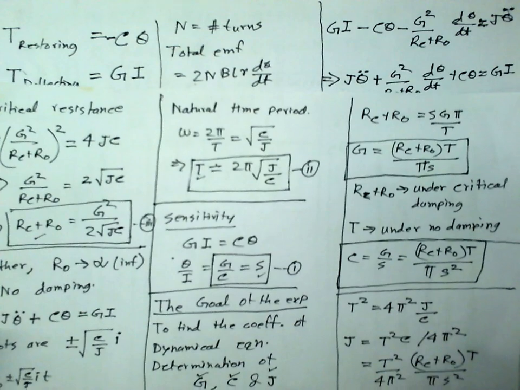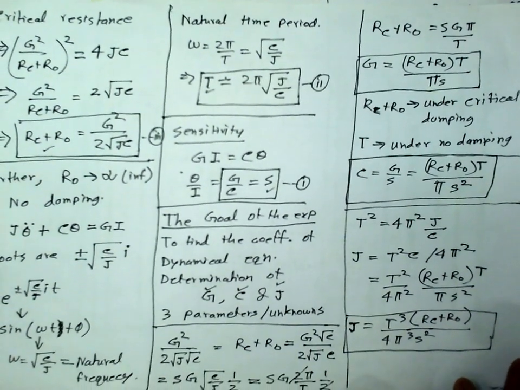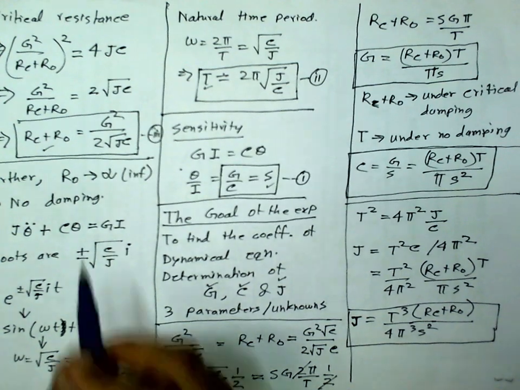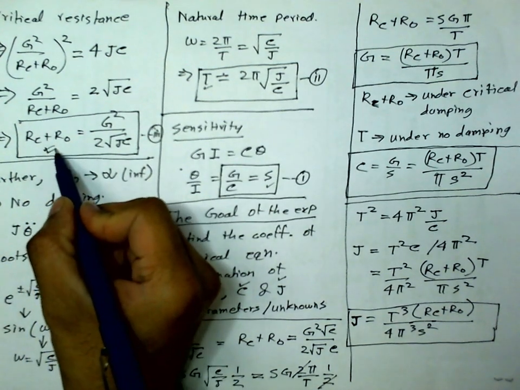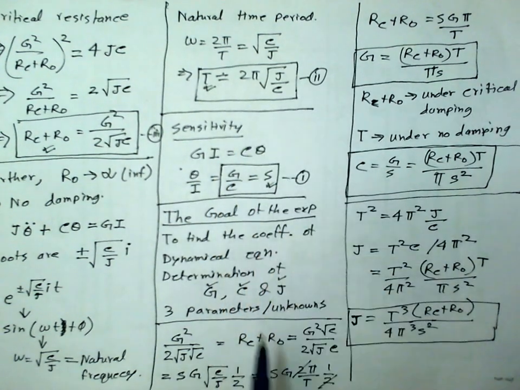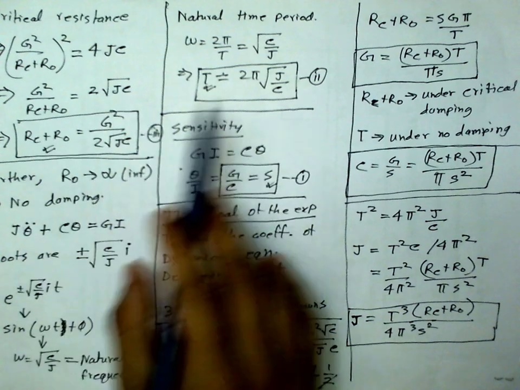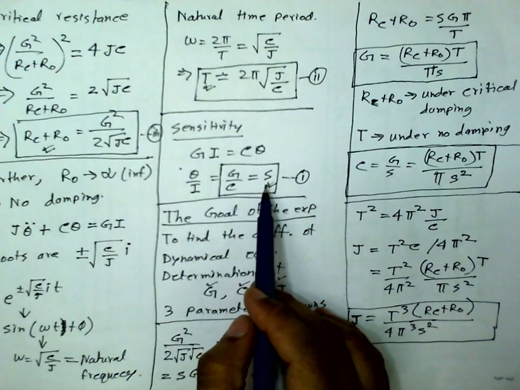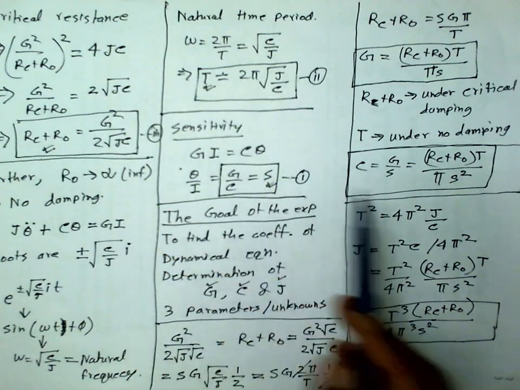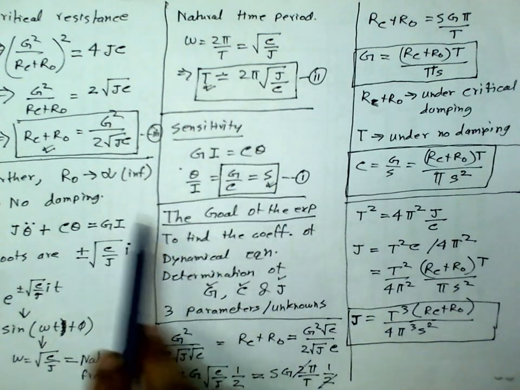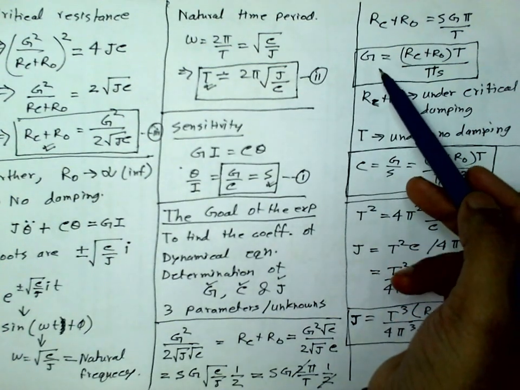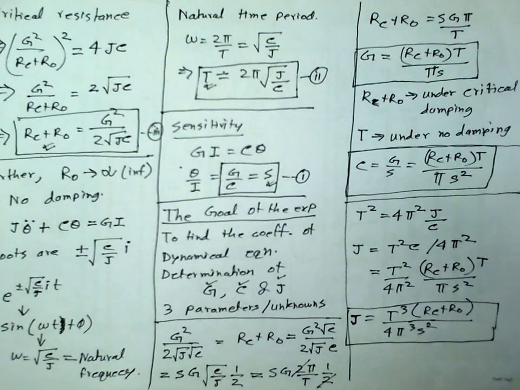So the last task that remains in this video is to talk about how to find these terms, this resistance, this time period, and this sensitivity. Okay, these three we will find experimentally, and once we find these values experimentally, then these equations which we have derived theoretically, mathematically, will give us the desired unknowns G, C, and J.